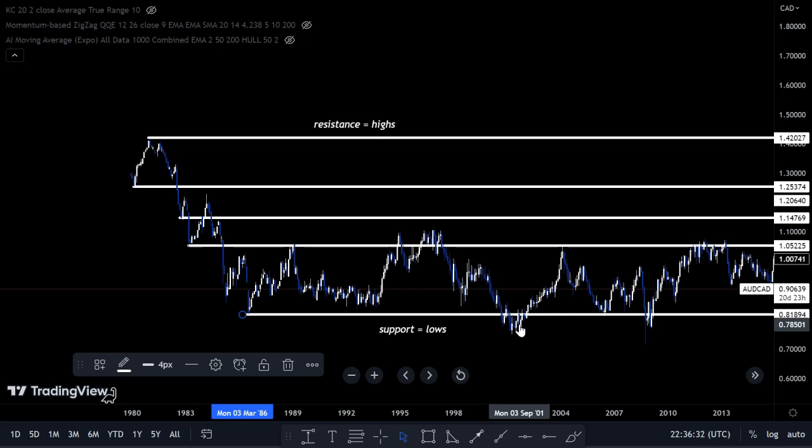But through in-depth technical analysis, you'll be able to spot exact levels that will come in the future. But the purpose of this episode is to teach you how to draw support and resistance in their simplest forms. And I've already started doing that.